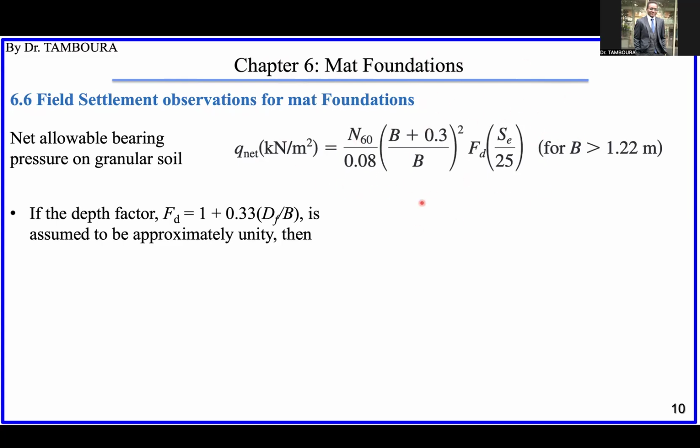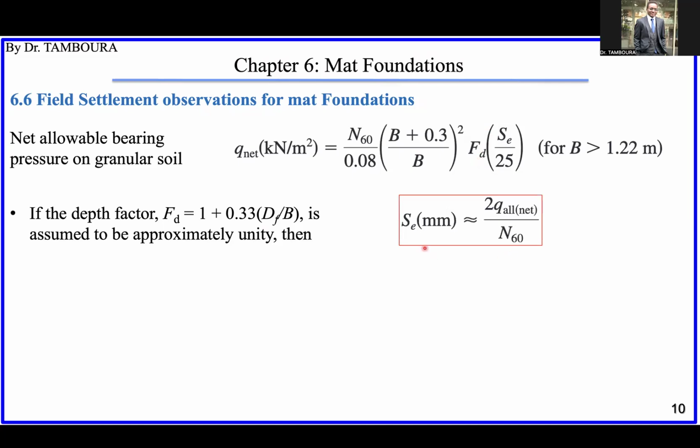This is how to estimate the ultimate capacity considering the settlement at the same time and using the SPT N value. If this depth factor, FD, we roughly consider it is 1, we consider this is 1.